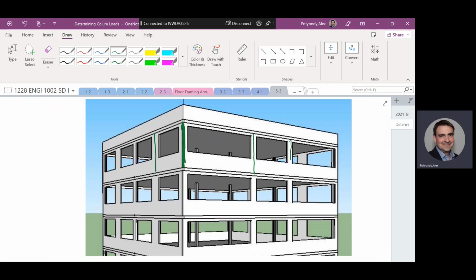That's going to be going that way for columns. I think I just got 2 windows in there. That isn't quite right. And so we take half the distance. That's going to come down here, and half the distance here. And this shaded area is the amount of parapet that is supported.